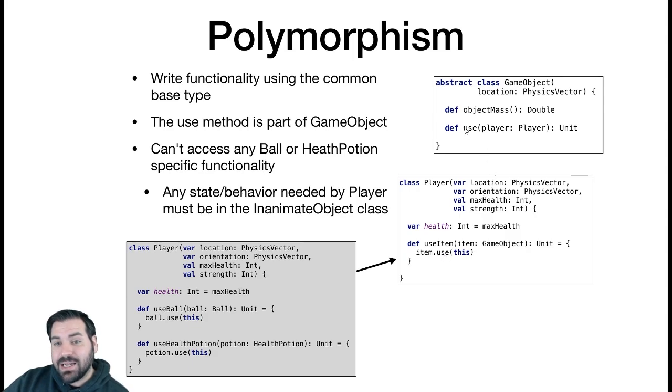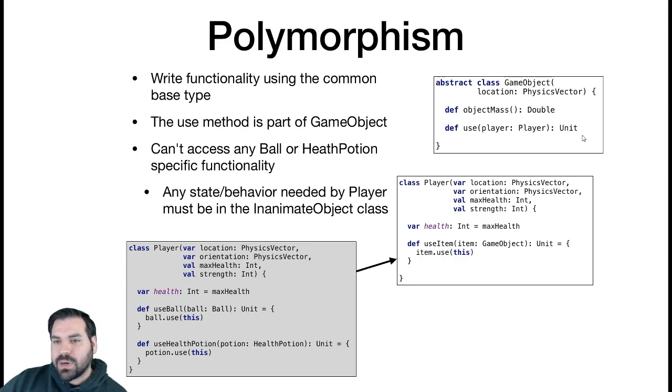It's guaranteed because it's defined in this abstract class. And this abstract class is saying, hey, if you extend me, you have to implement use. You have to do it because I'm giving a guarantee to anybody who has an object of my type that the method use exists.